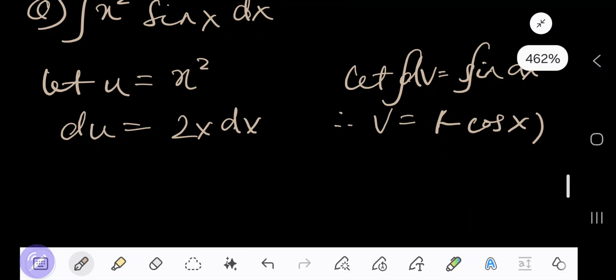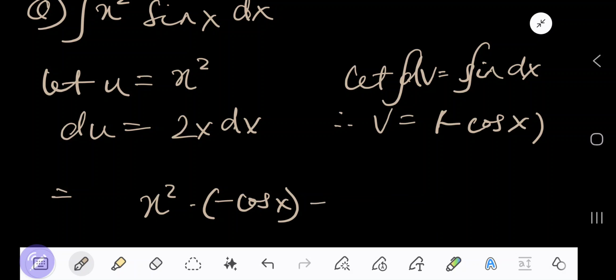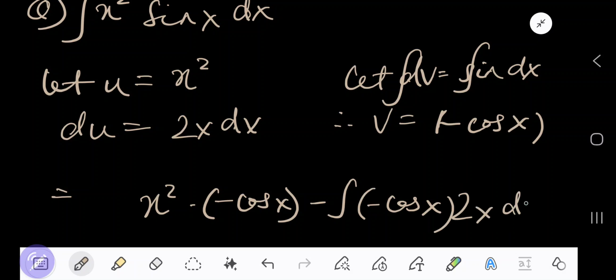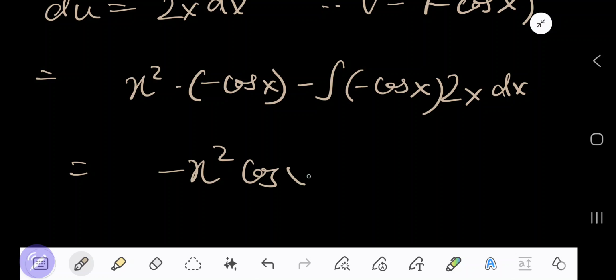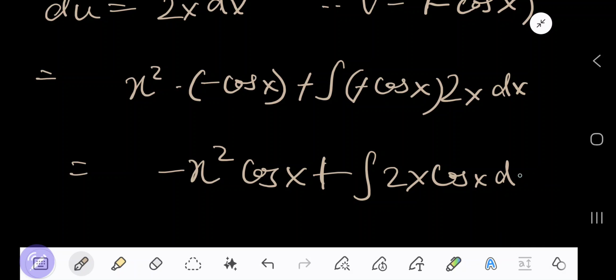When you plug this in the formula, this should be equal to x square times negative cos x minus the integral of negative cosine x times 2x dx, right? So this equals negative x square cosine x plus, because these minus signs cancel out, plus the integral of 2x cosine x dx.